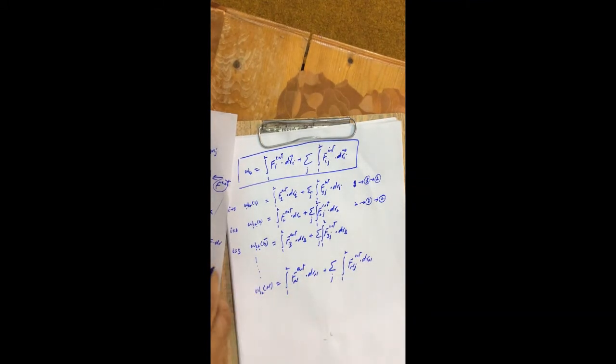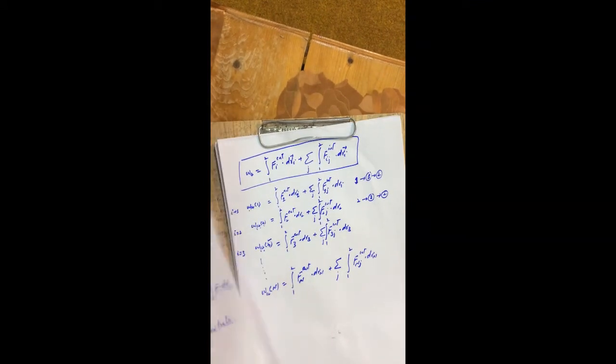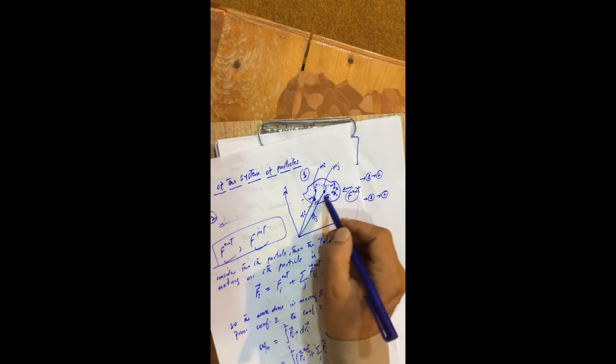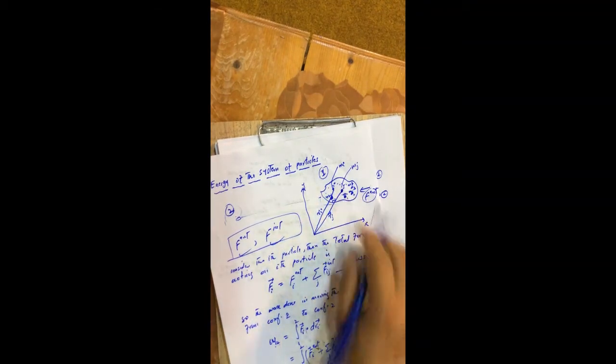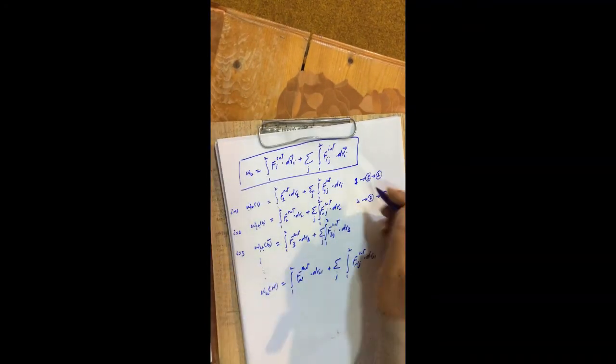So in order to calculate the total work done in moving this whole system from configuration 1 to configuration 2, we can add the individual work done. The individual work done is given by this relation.